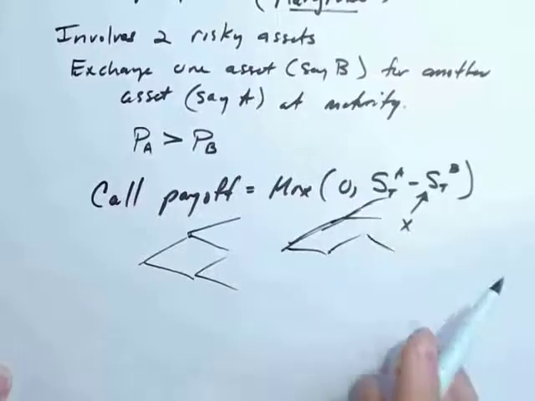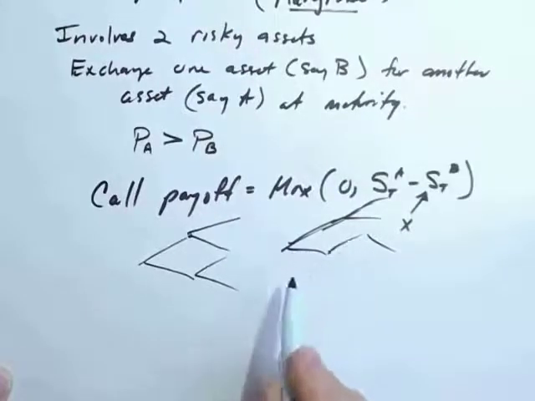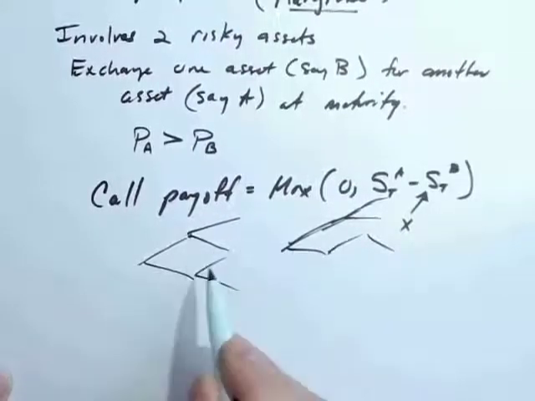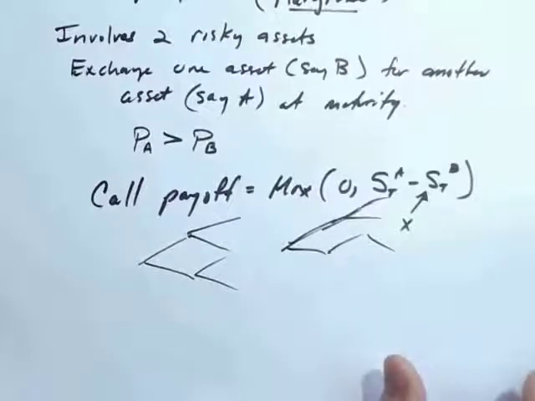And you do a binomial for A, you do a binomial for B. But how do you link them up? How do you match them up? And that's where Margrabe's analysis comes in really cool. It's because what you have to do in the lattice work is to model the combination of the two.